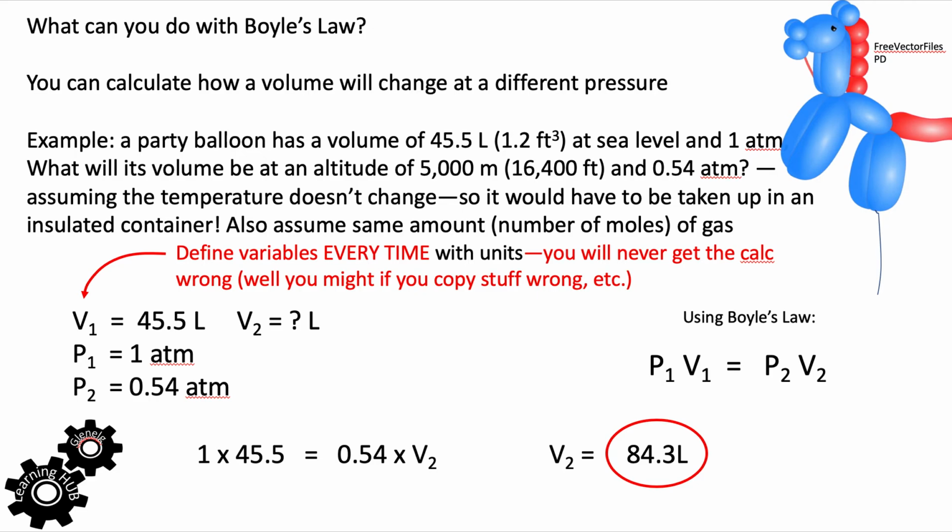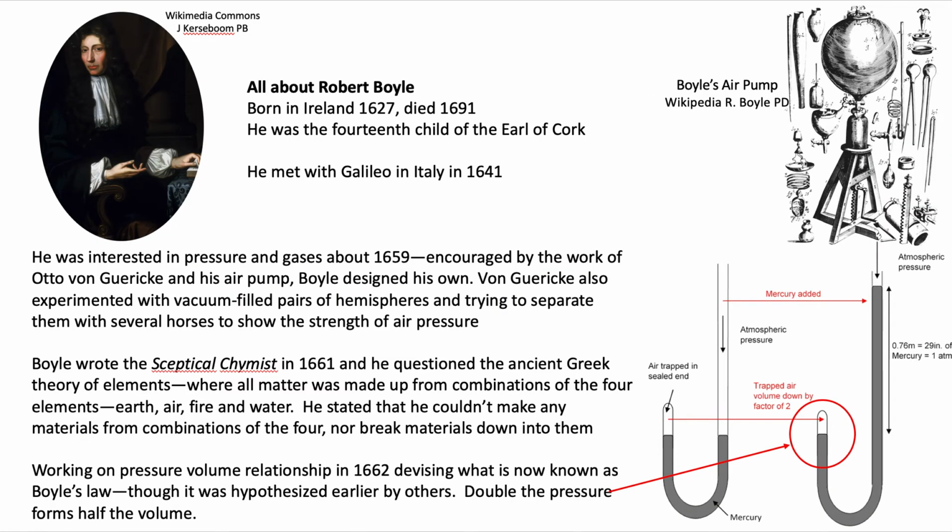It's your V2, which is question mark litres. Plug that into Boyle's law and solve for V2, and you get 84.3 litres. Now consider, does that seem reasonable for that balloon? We'll assume it doesn't burst.